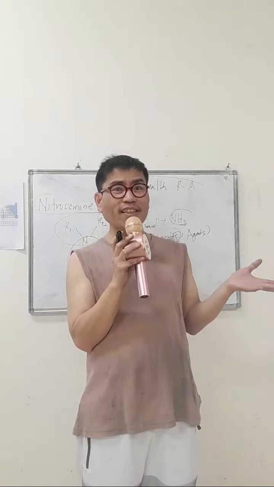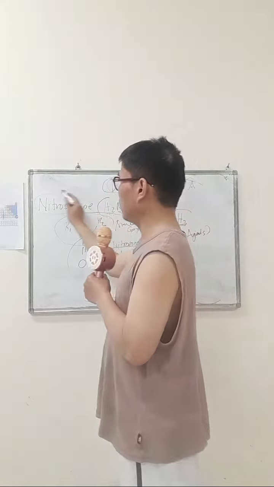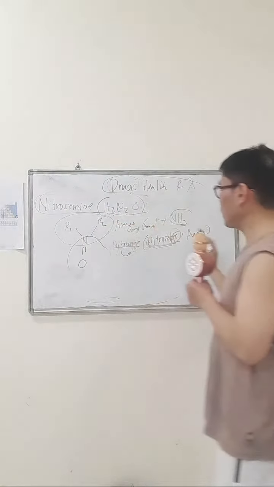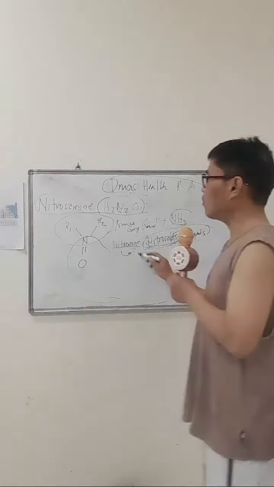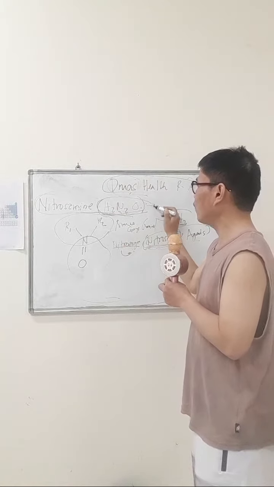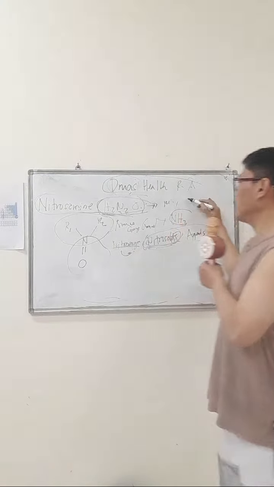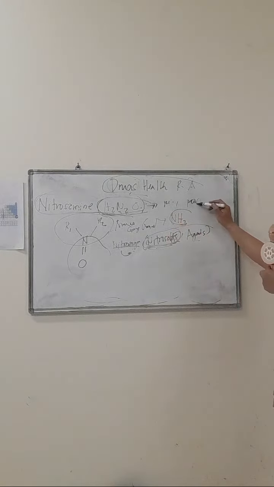And after that, it will yield a product called nitrosamine. The nitrosamine will need nitrosating agents before we can produce the H2N2O. But for the food preservations, for example, the pickles, the processed meat food, like bacon, hot dog, sausage, meatloaf, ham, beef loaf, chorizo, tocino.